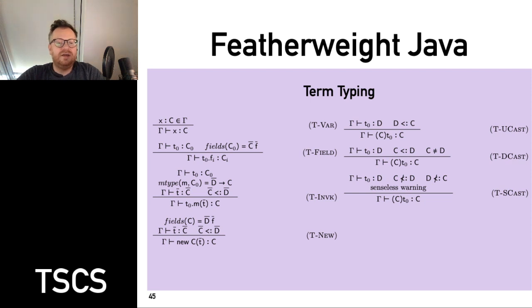Invocation is pretty interesting because of one thing. This T vector is a C vector. And then whenever we check that, we check that it is a subtype of this D vector. And this D vector is the thing we have looked up in the method type as the input parameter types.